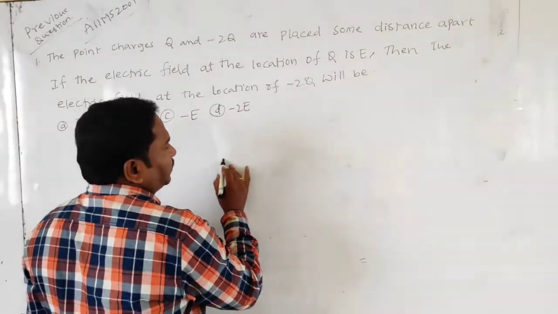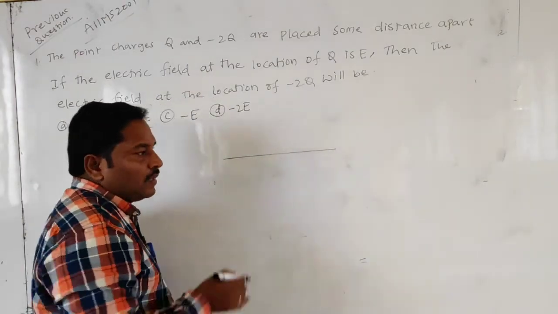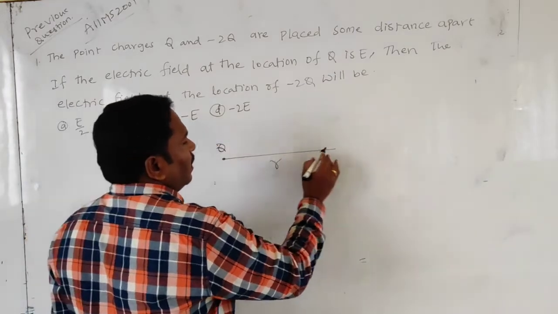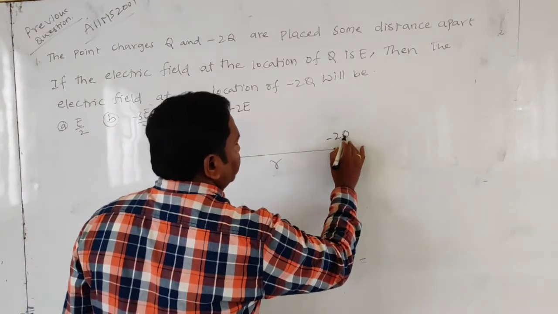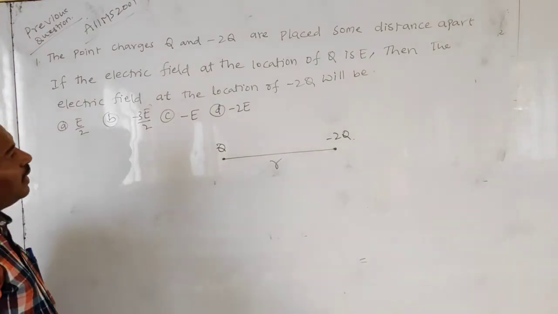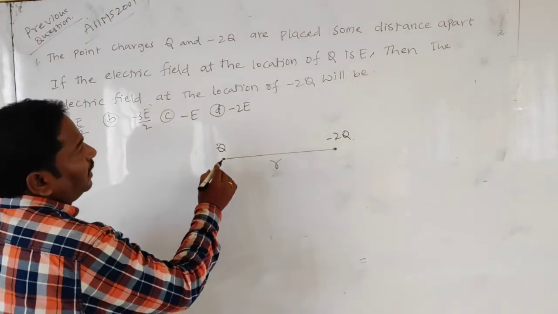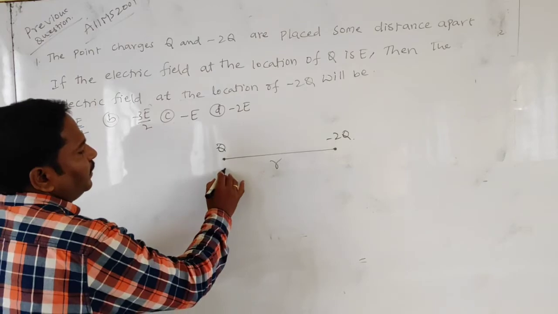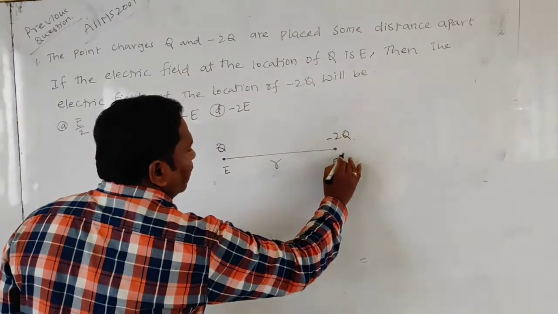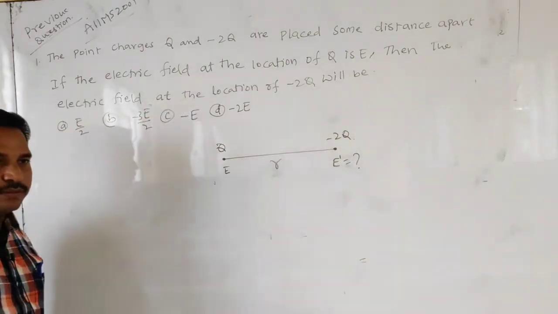Suppose these are the two charges, and here minus 2Q. The electric field at the location of Q is E. So what is the electric field at the location of minus 2Q?